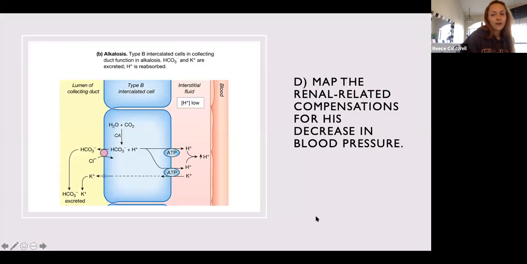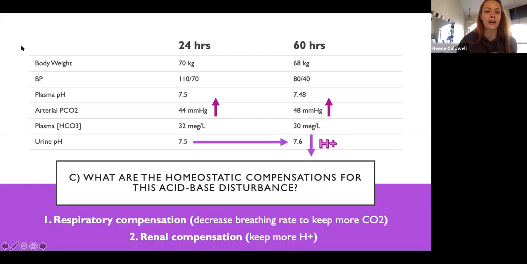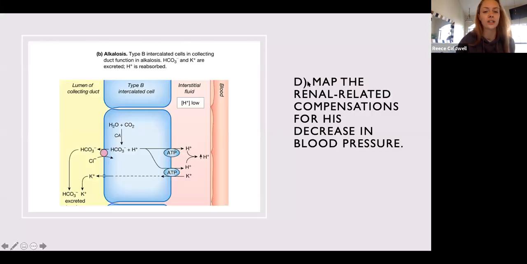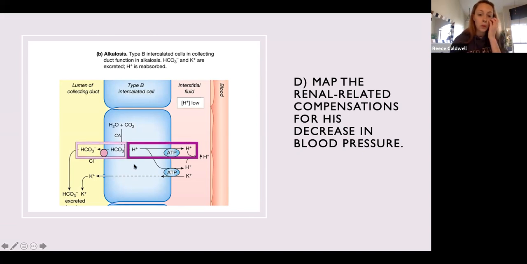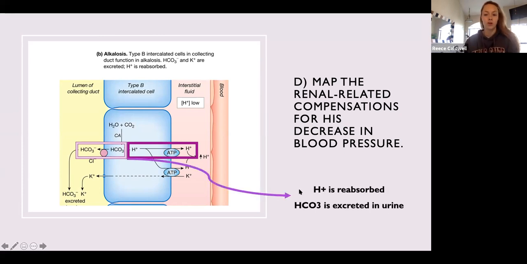Right, so lastly, oh my gosh, my last concept to teach is crazy. We are going to map the renal related compensations for this guy's decrease in blood pressure. So if we go back, we see that blood pressure has decreased from 110/70 to 80/40, quite a decrease. So what we see is that whenever we are dealing with metabolic alkalosis, we are going to excrete more bicarb, and we are going to reabsorb more hydrogen.